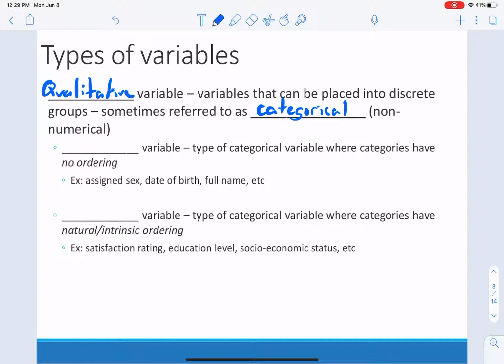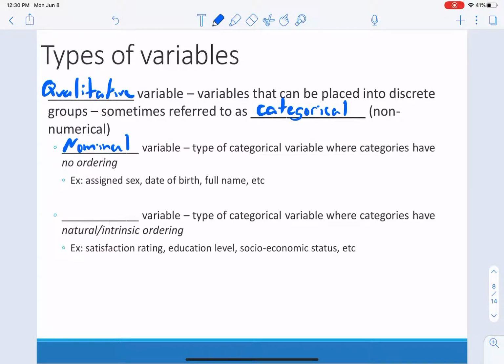We've got what are known as nominal, where the variable itself has no order. So that's like assigned sex, when you were born, date of birth, full name, whatever. It doesn't matter what order you put them in. Male, female is no different than female, male, okay?